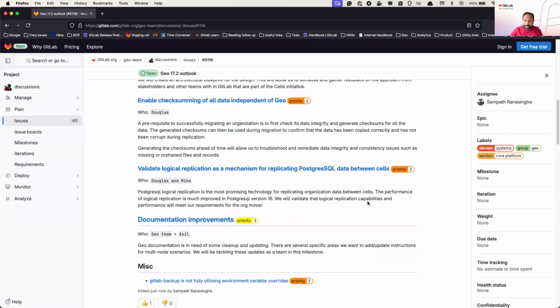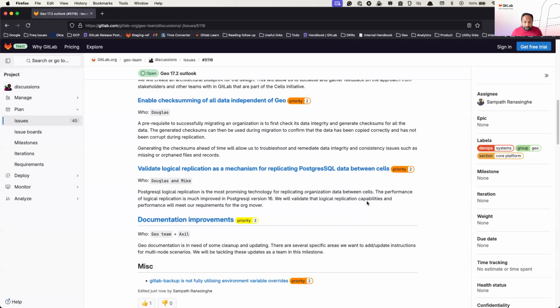Then thirdly, we want to validate Postgres logical replication as a mechanism for replicating data between cells. Some of you may already know that Geo works on streaming replication, and logical replication is somewhat different.